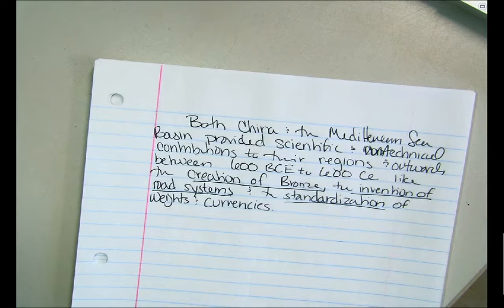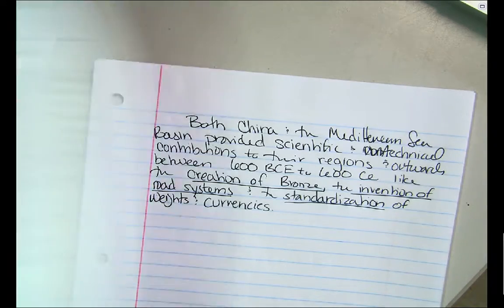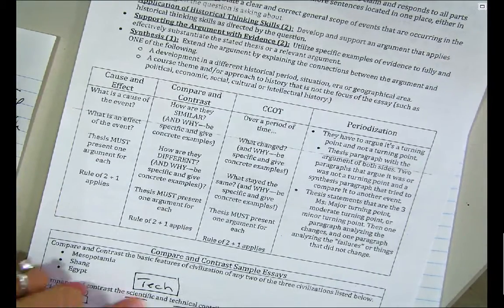Now what do I have to do? Who can tell me what contextualization is? What do we got? Explaining what's happening in the world. There you go. So who can tell me what is happening in the world at this time? Now, this prompt is about science and technology.